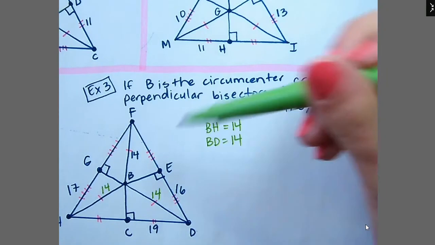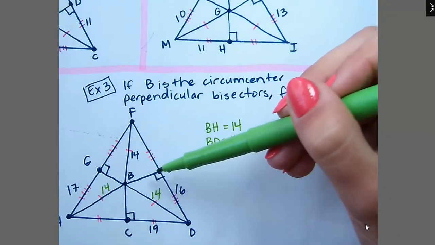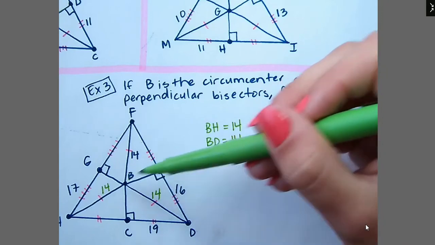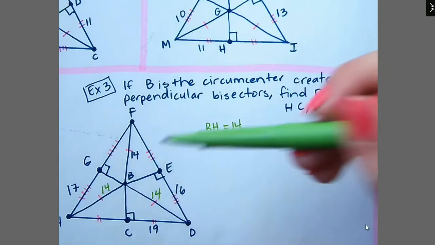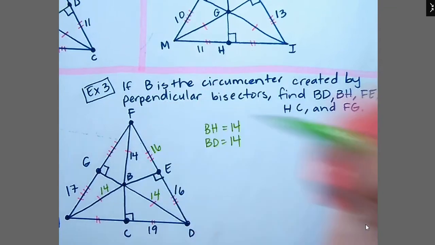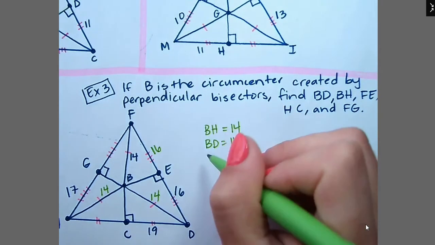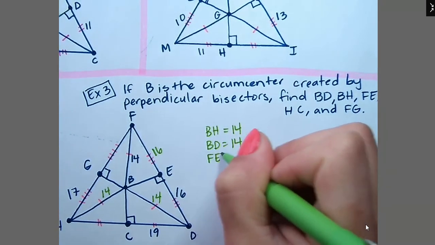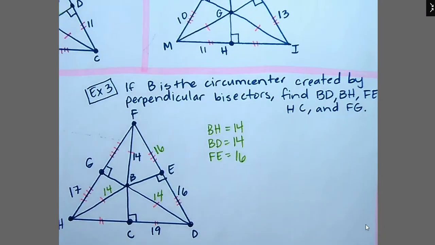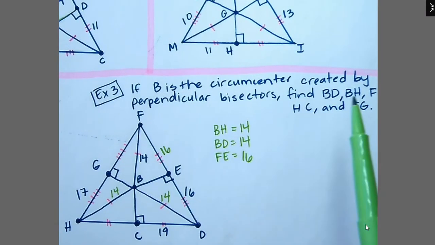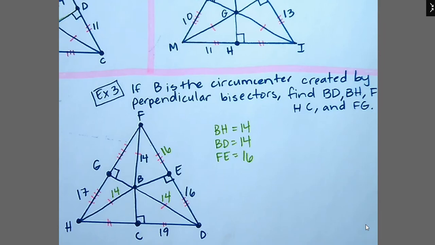So we want to find FE, it's this one right here. Since this is a perpendicular bisector, these two things are going to be the same. So if that was 16, then this is 16. So we know FE equals 16. Now we want to find HG and FG. So HG is this guy right here.